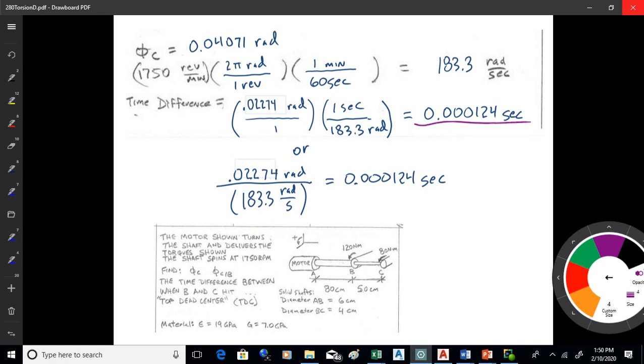They're going to be offset, but it's just a little bit. But if you've got your motor doing 4,000 RPM, it's moving very, very fast. So that might be a significant difference there. So that's the time lag between when B hits top dead center and C hits top dead center.